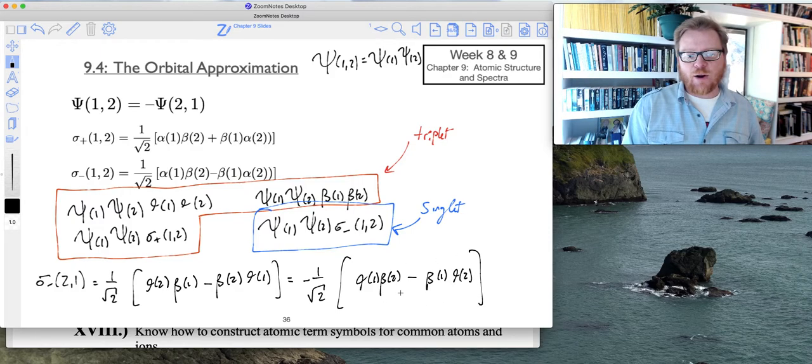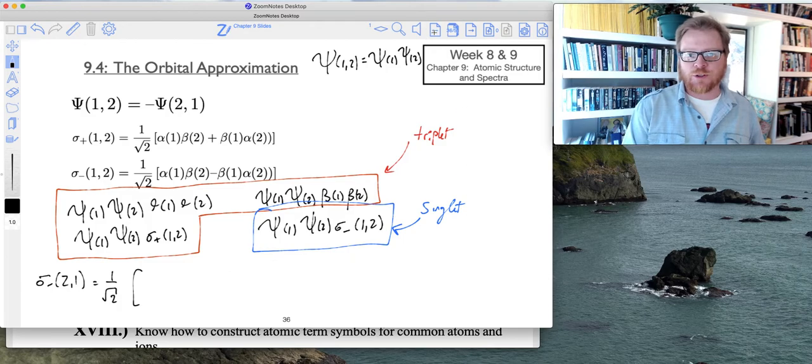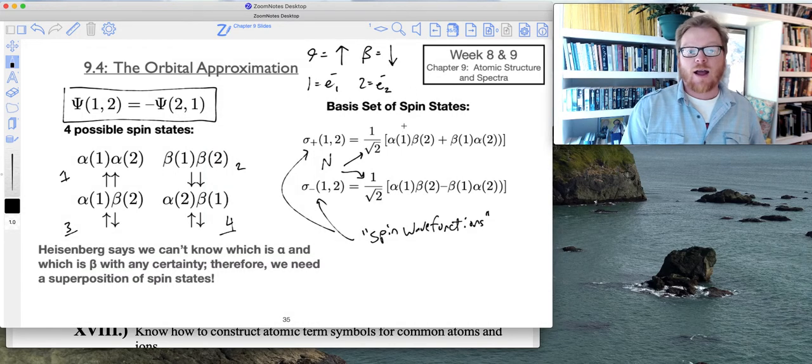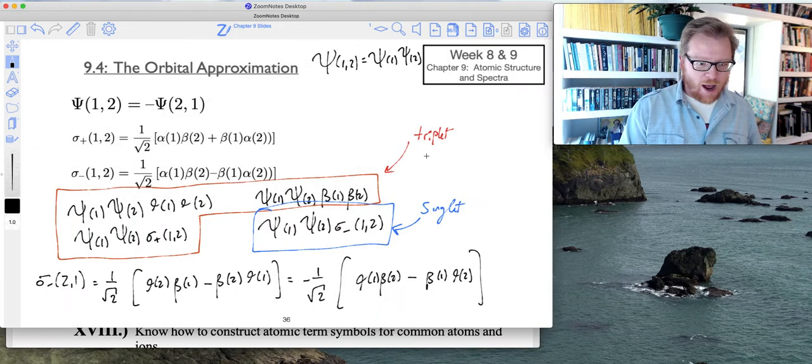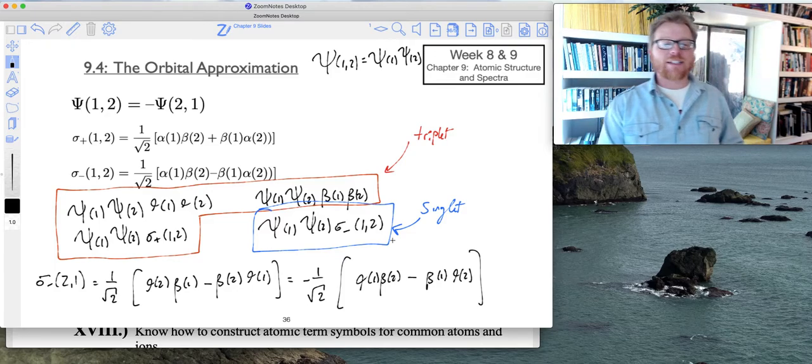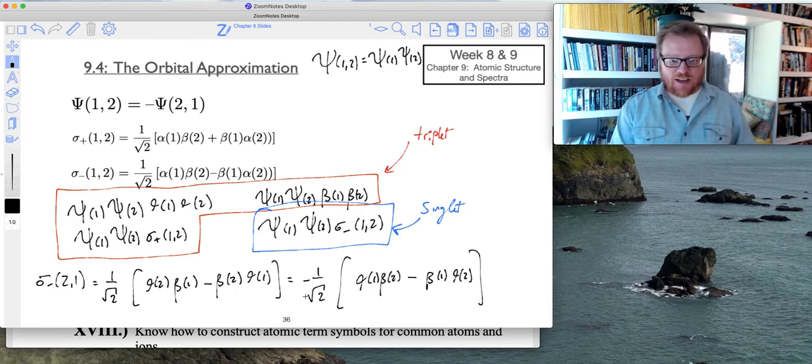And now let's compare this really quick. Alpha 1 beta 2 minus beta 1 alpha 2. Alpha 1 beta 2 minus beta 1 alpha 2. Okay, so let's see. What happened here? Did I make a mistake in my math? Oh, no, I did not make a mistake in my math because I have a negative sign right here.